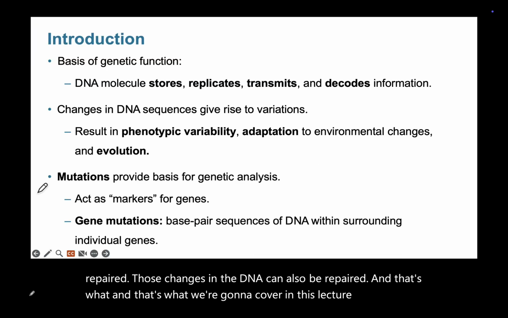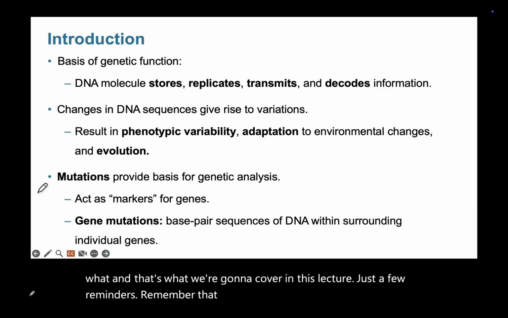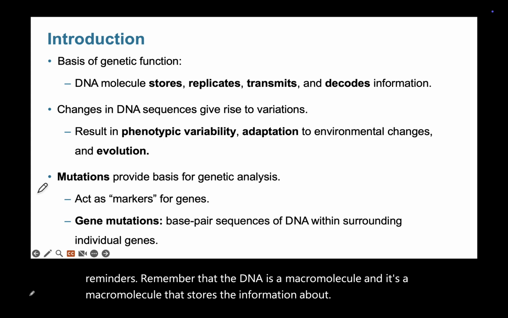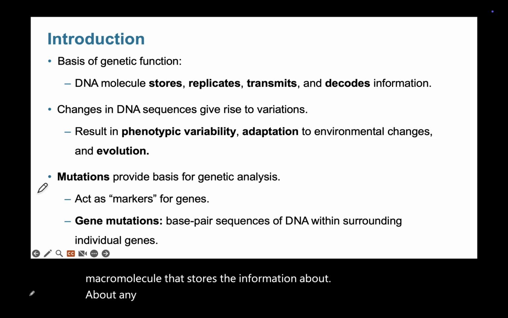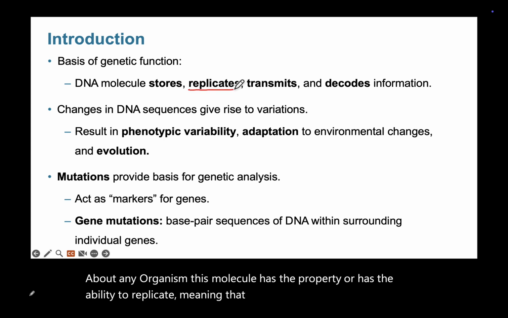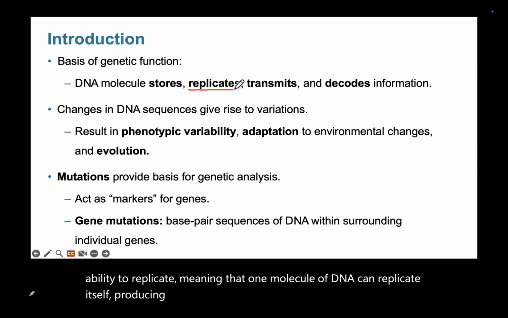Just a few reminders. Remember that the DNA is a macromolecule that stores the information about any organism. This molecule has the ability to replicate, meaning that one molecule of DNA can replicate itself, producing two molecules of DNA.